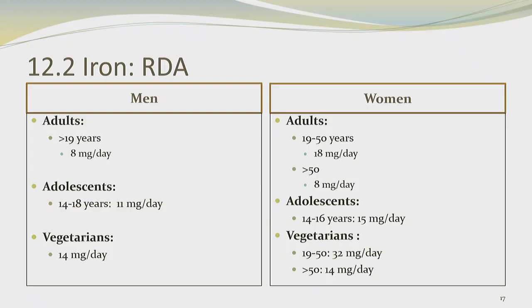The requirement for iron when we look at women is 18 milligrams per day, especially when you're looking at adult women of reproductive age. And this is to compensate for the monthly losses due to the menstrual cycle. When you look at adolescent girls, they have a slightly lower requirement, although it's higher than that for their male peers. And this difference is because iron from plant sources is not as readily absorbed as iron from animal sources.